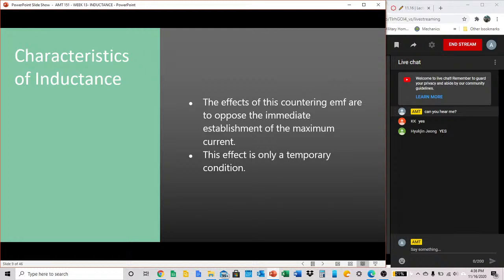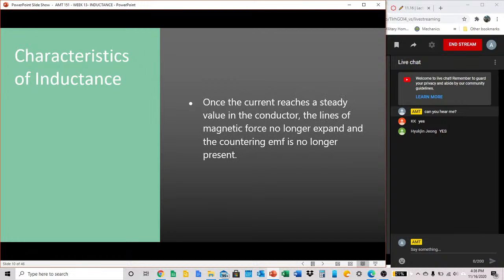The effects of this countering EMF are to oppose the immediate establishment of the maximum current. This effect is only a temporary condition. Once the current reaches a steady value in the conductor, the lines of magnetic force no longer expand and the countering EMF is no longer present.